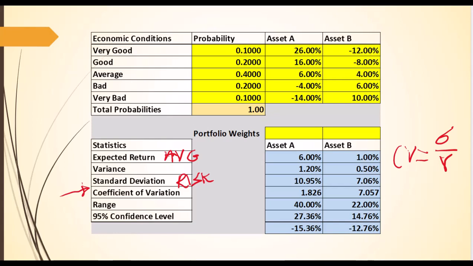So if you're comparing the risk of these two assets, standard deviation doesn't give you a good number. The reason for that is the magnitude of the numbers influences standard deviation, and that's more of a statistics kind of question. But if you were asking which one of these is the riskier asset based on returns, coefficient of variation says asset B is riskier than asset A.